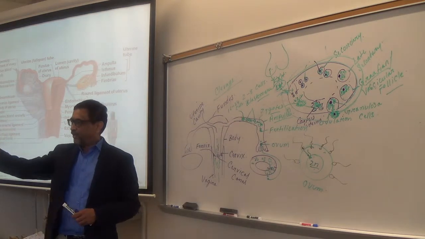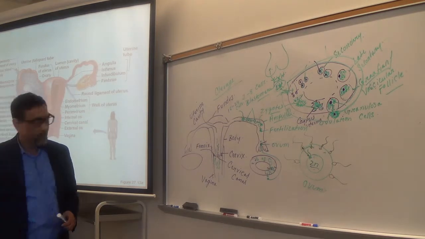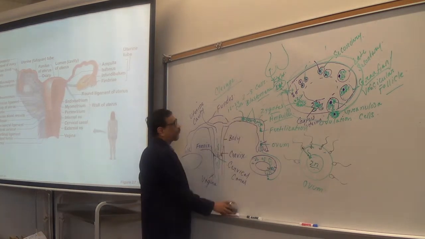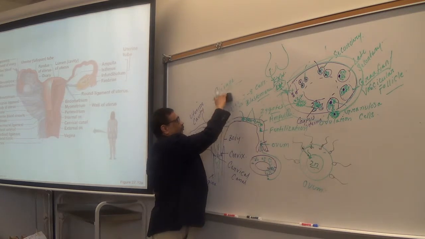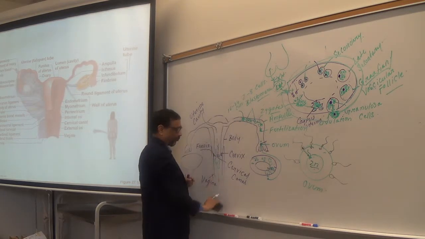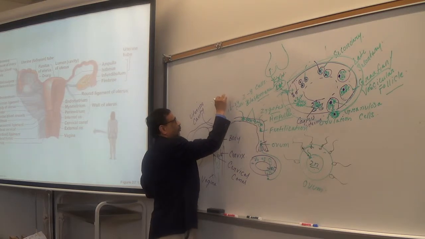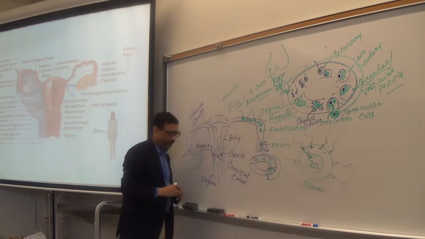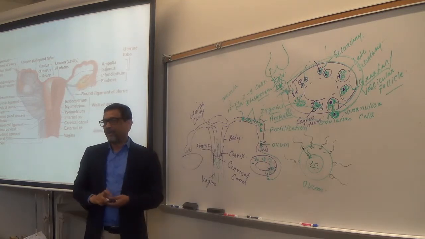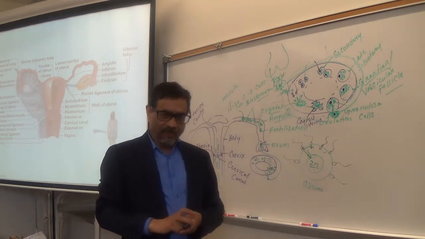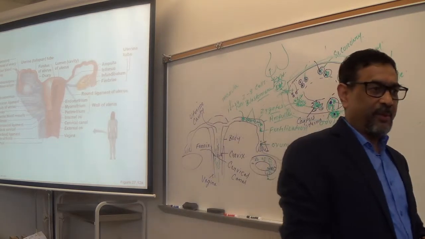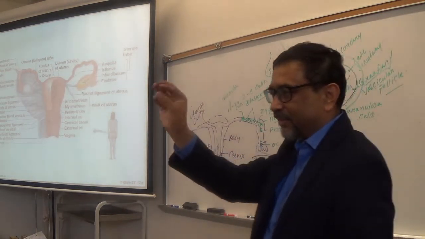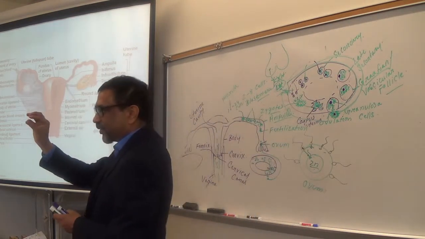It is like a solid ball of cells, and this is called morula. Morula. Okay, so morula is the stage of 16 to 24 cells. Okay, a small solid ball of cells.